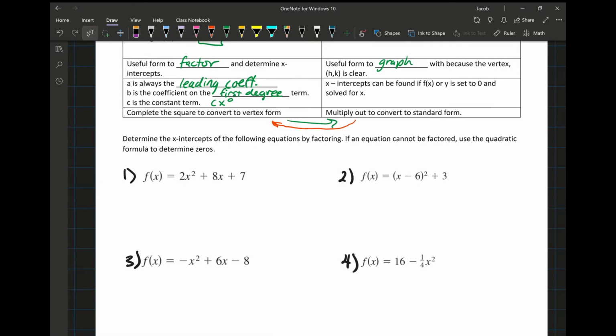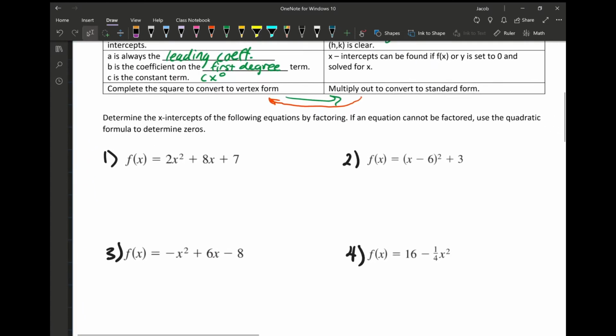Now, a lot of pre-cal is flexibility in being able to solve an equation from any position. So these are all quadratics, 1 through 4, but you're asked to solve the equations by factoring. If an equation cannot be factored, we're going to use the quadratic formula.